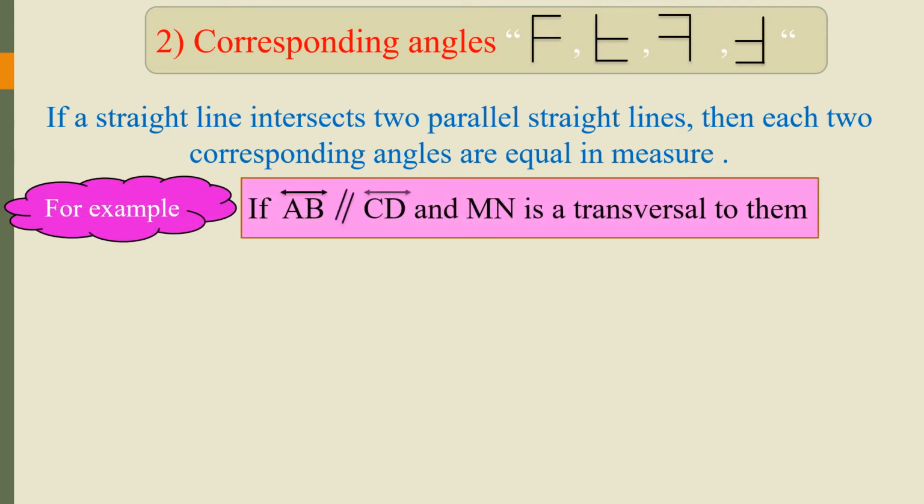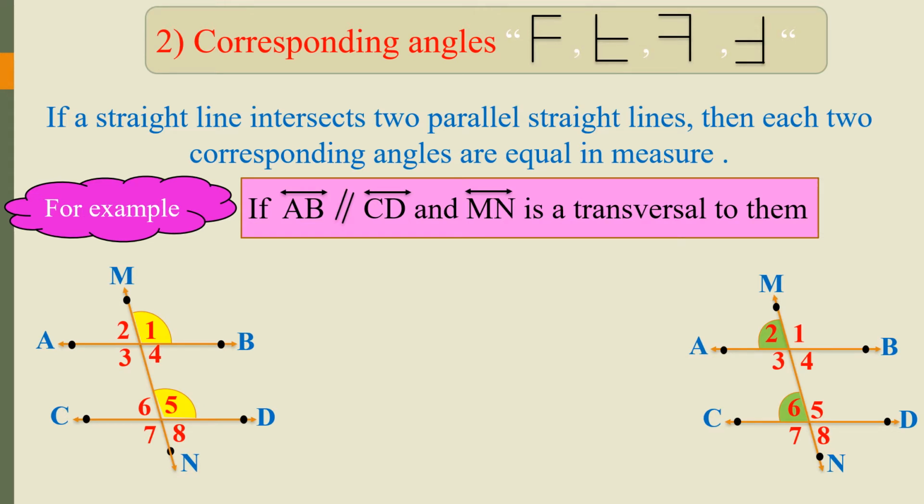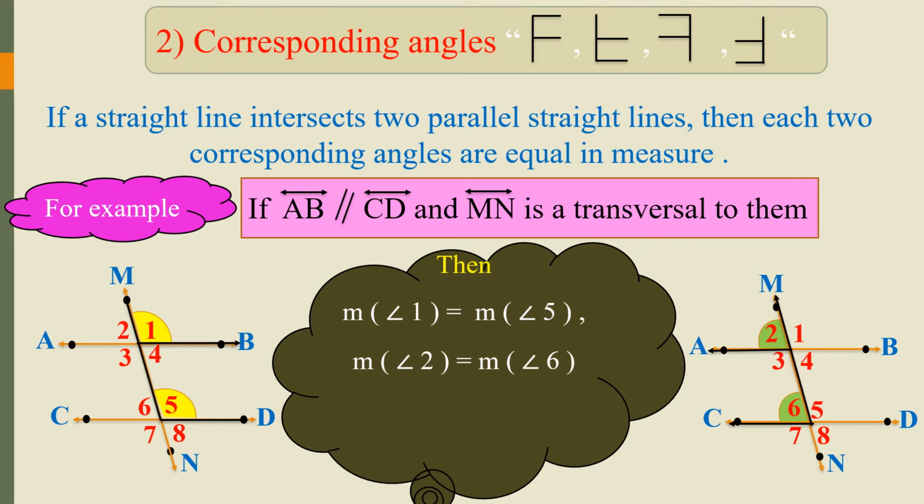For example, if AB is the straight line parallel to the straight line CD and MN is a transversal to them, then measure of angle 1 equals the measure of angle 5 as corresponding angles. Measure of angle 2 equals measure of angle 6 as corresponding angles.